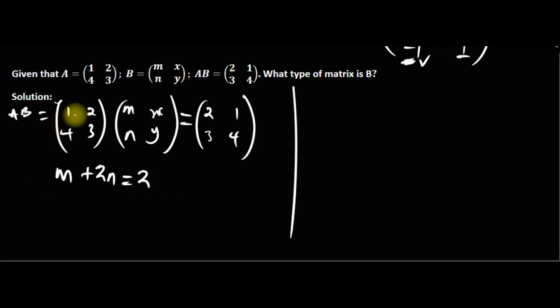Again, this row will multiply the other column, which is 1 times x is x plus 2 times y is 2y, which must give us the second, which is 1. The other one, again, this row will multiply this, which is 4 times m is 4m plus 3 times n is 3n. Must give us 3.